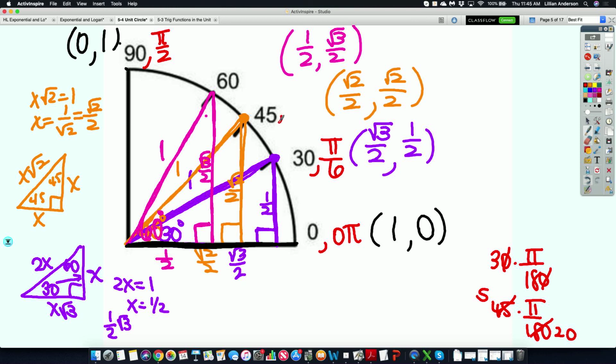Yes. So it's going to be what? Very nice. And the last one's 60. They both end in 0, so I can cancel those out. How does 6 over 18 reduce? 3. Very nice. And this is the first quadrant of your unit circle.